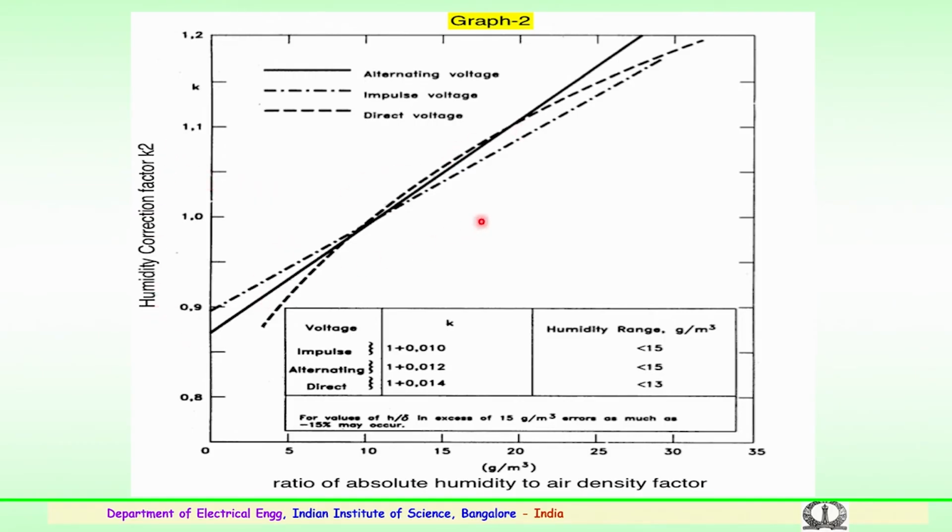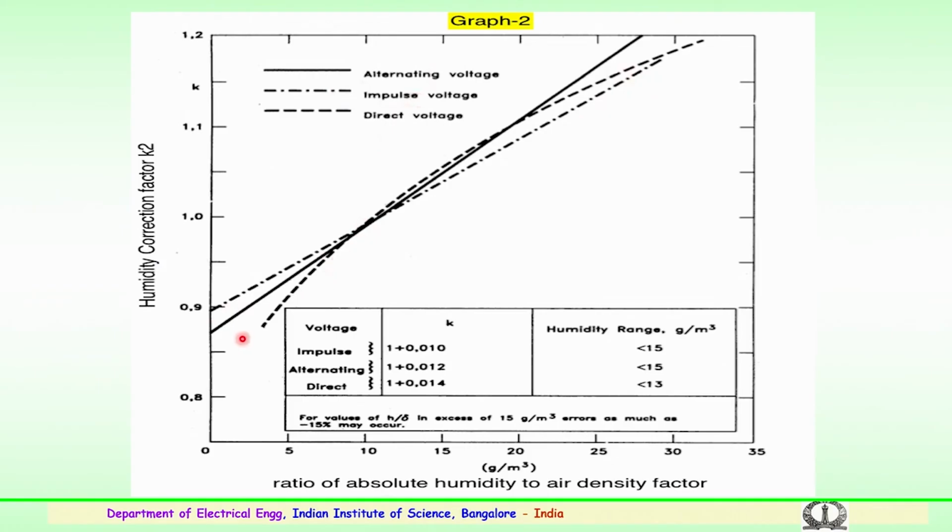Of the 3 curves shown here, the dark line is the reference for alternating current voltages, and in case experiments are performed with impulse voltages, you can see a dot and a dash line, which represents the curve to be referred to for impulse.